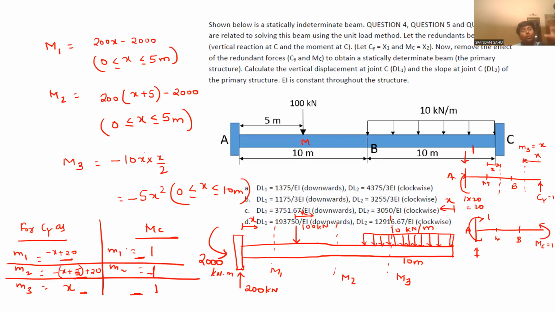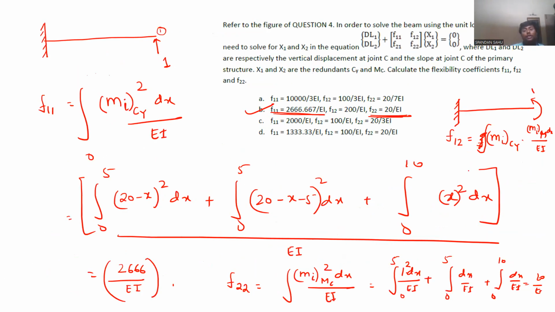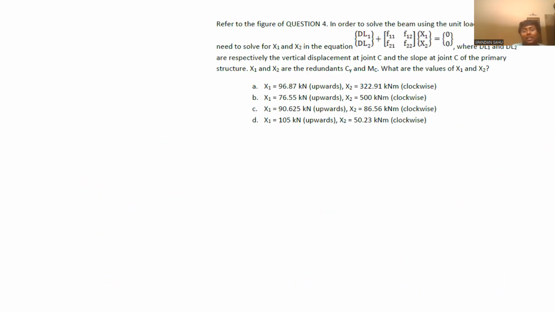MI of CY corresponding to MI of MC should be clubbed, and with that clubbing give an integration, integrate for the given span length, and you will get that flexibility coefficient F12, which will be 200 upon EI. You are getting it too quickly. Option B is the correct option. So this part is done.